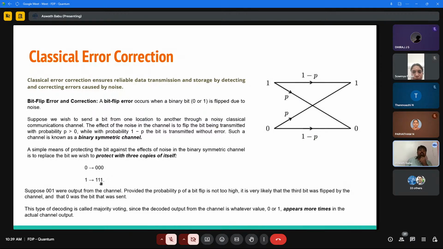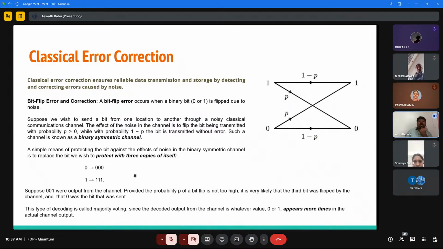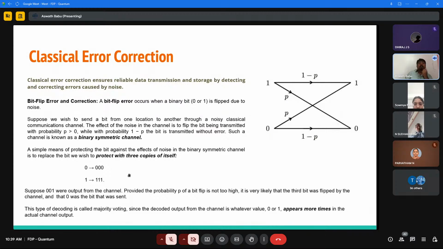If the 3 ones go through the classical gate and one of them gets flipped, very good. The other 2 are there to tell the outside that this is in fact a 1 bit, because as per the majority, there are 2 ones and 1 zero.